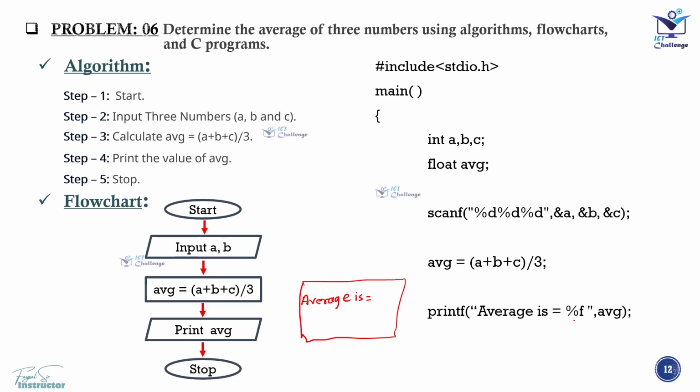Then percent f, which means we call the float variable. What is the float variable? This avg. So I write avg here, which means we will get the value of avg. For example, if our average value is 3.29, the computer will print it this way. Okay, so this is the ultimate solution for this average.